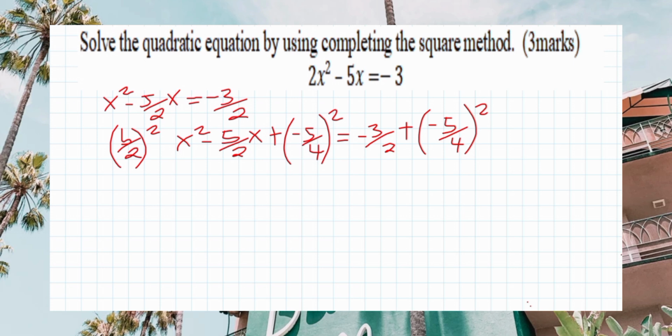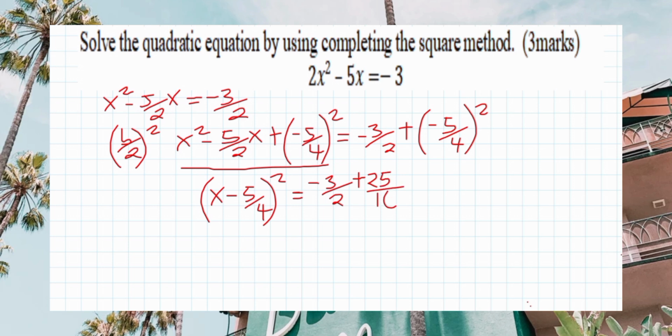On the left-hand side, in order to completely factorize, you're going to have x minus 5 over 4, put in brackets squared, and this is going to be equal to the right-hand side, which is negative 3 out of 2, and then plus, if you open up the brackets, 25 out of 16.